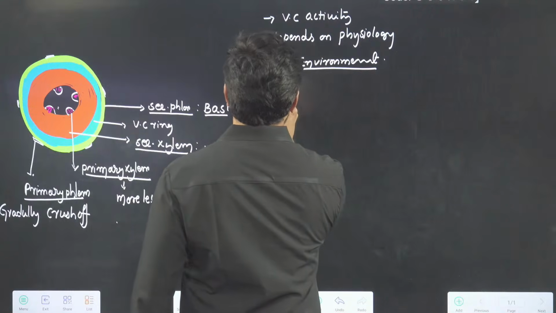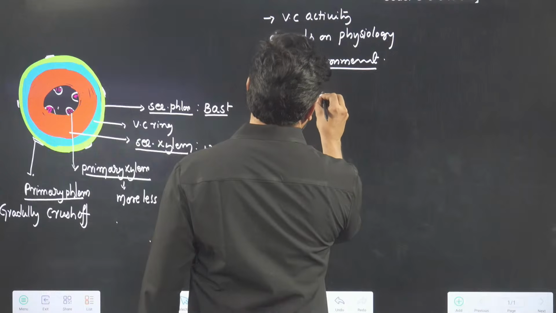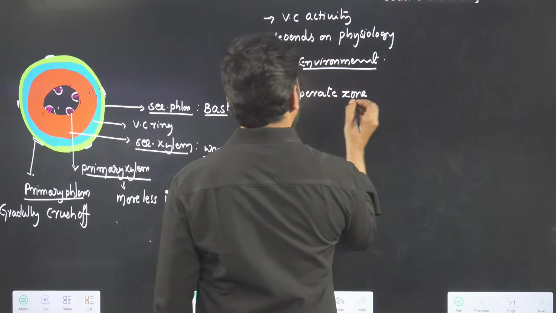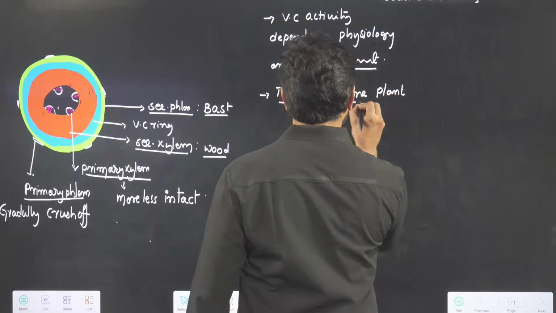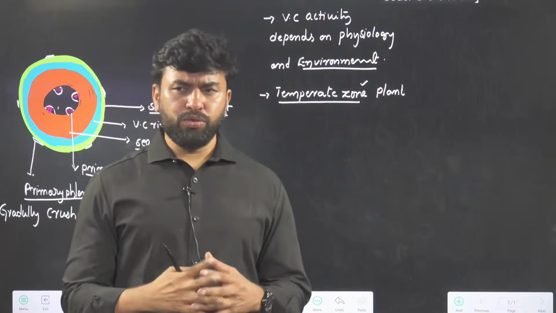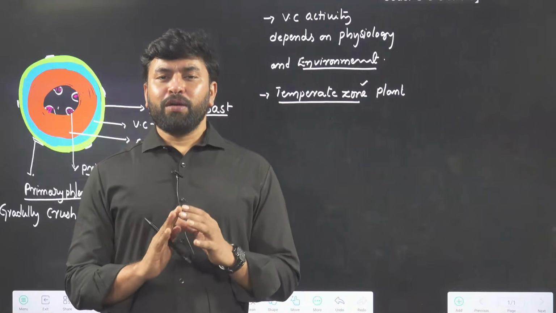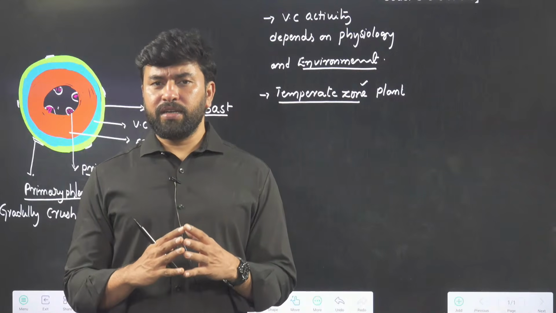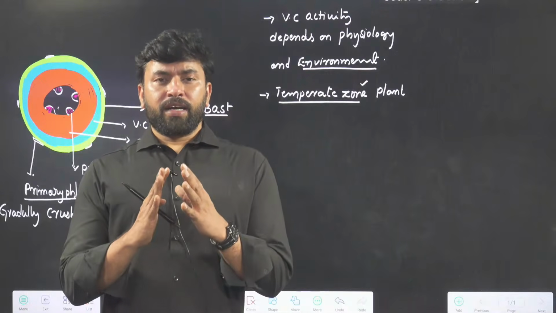For that, let us consider some plants called temperate zone plants. Do you know what a temperate zone is? See, tropical zone and temperate zone, just these two zones. Temperate zones are those areas where climatic conditions are very sharp and mostly the year is covered by snow.